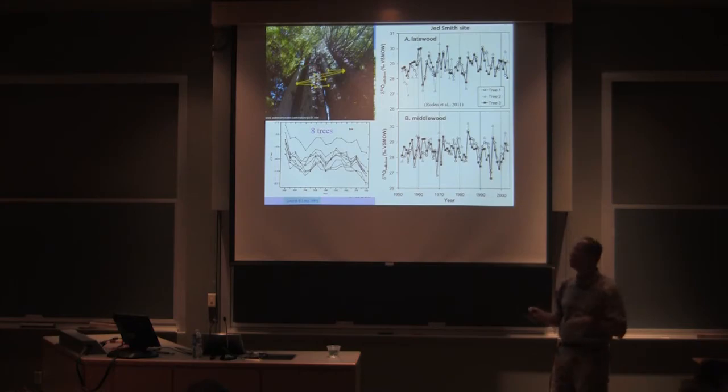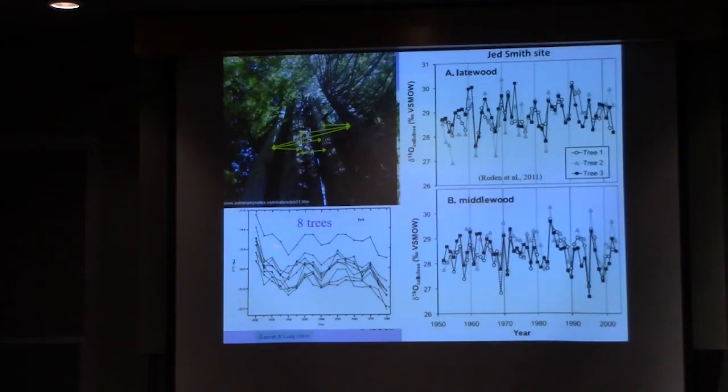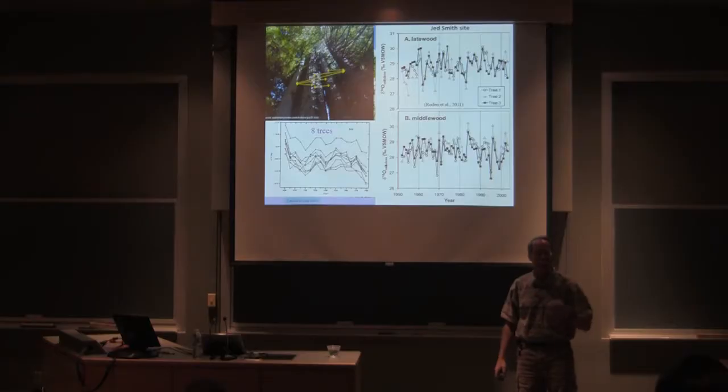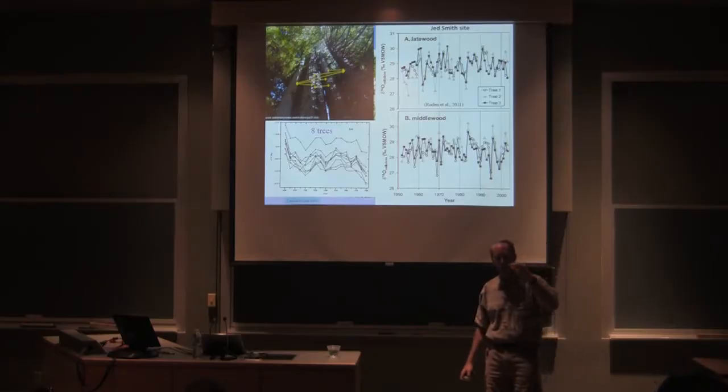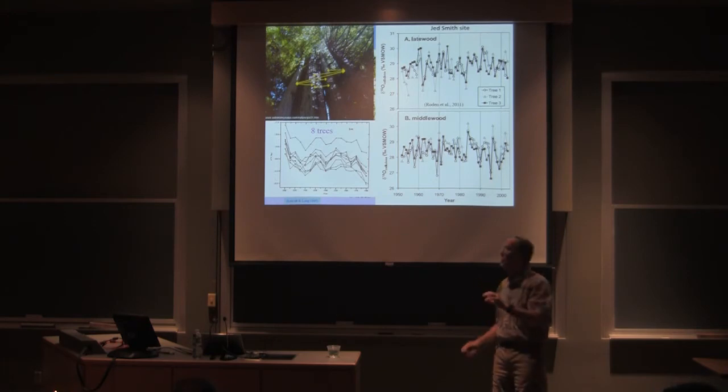Now, what's interesting is this is for oxygen. For carbon, it's a little messier, but the values are still reasonable. All the trees are responding in the same pattern, but each individual tree can be quite different. The absolute value for the carbon isotope can be quite different, even though they're all doing the same pattern. Following me? Why?